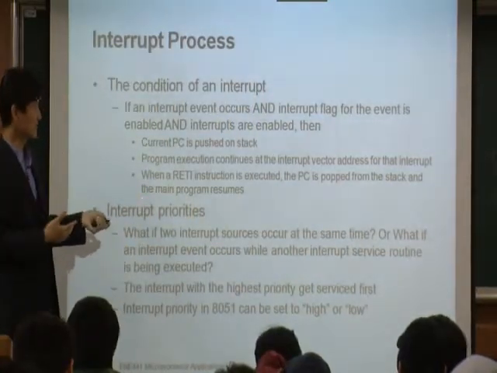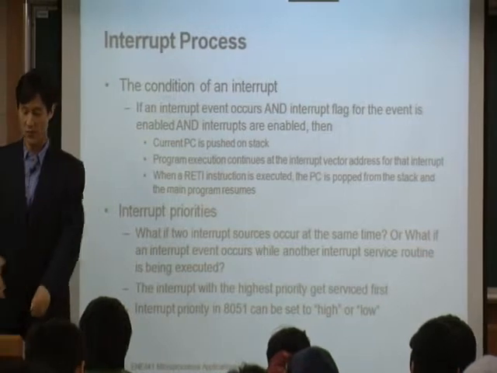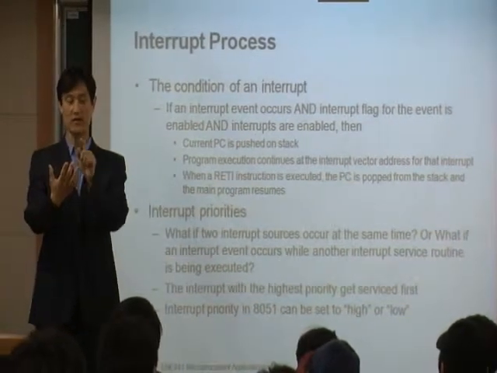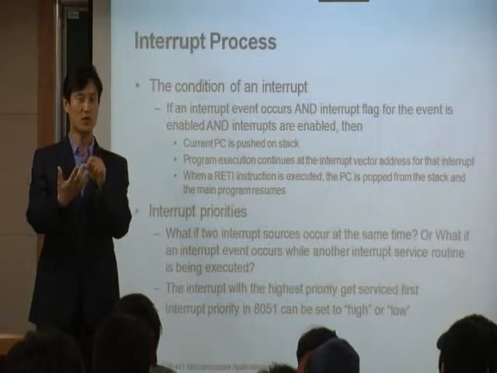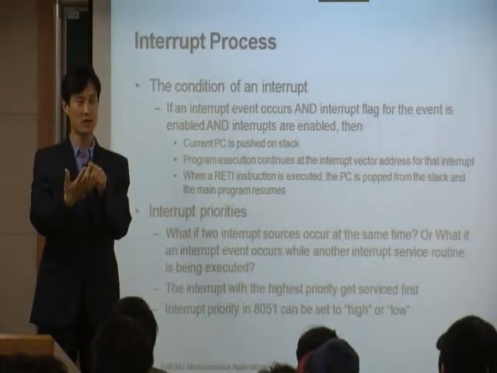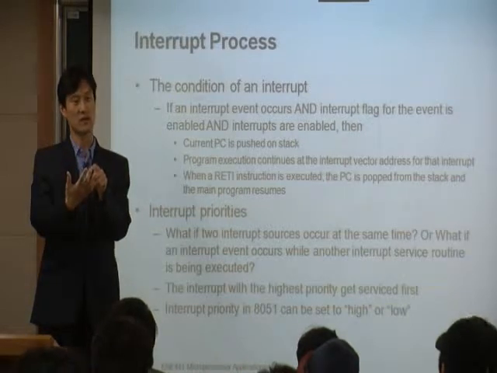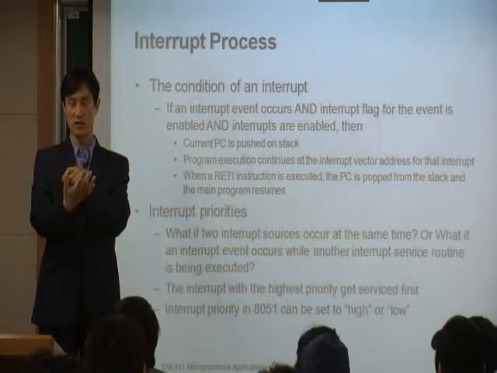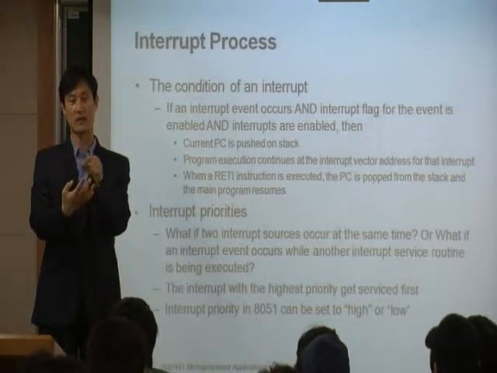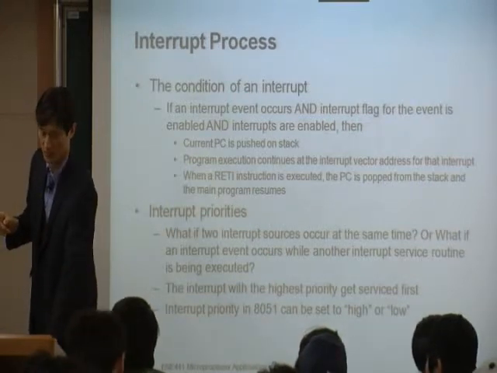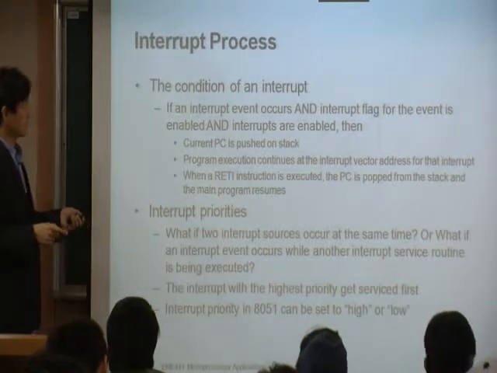You are going to set it. In the 8051 again, let's say we have a timer interrupt and an external interrupt. And if you want to have a higher priority for the external source, then you can set it that way. But if you want to make the timer more important, then you can make the timer interrupt a higher priority. Okay, you are going to set the priority for each of them.